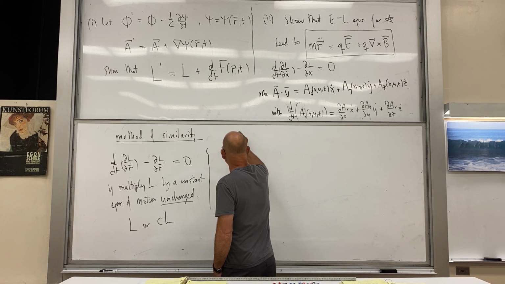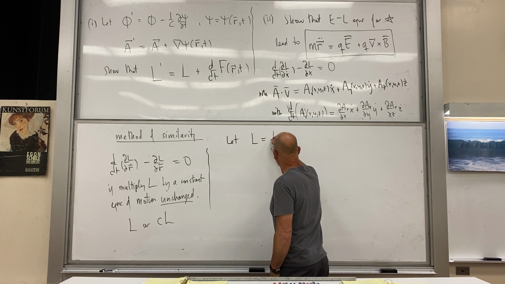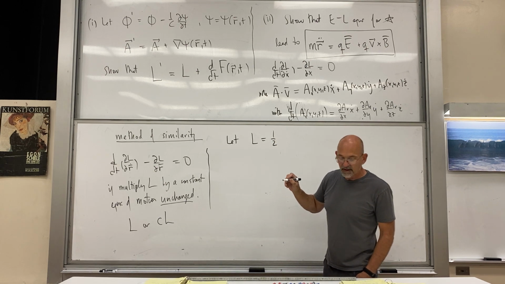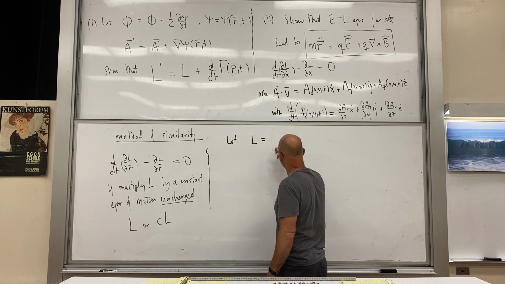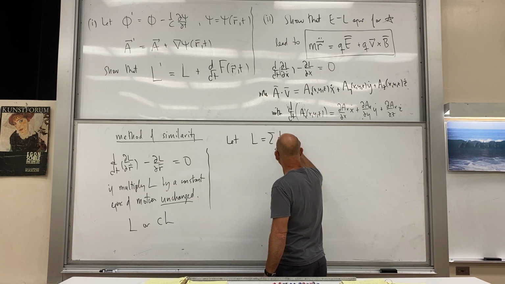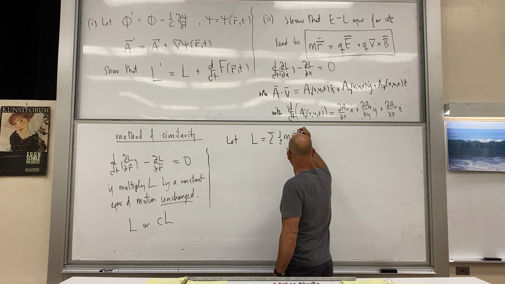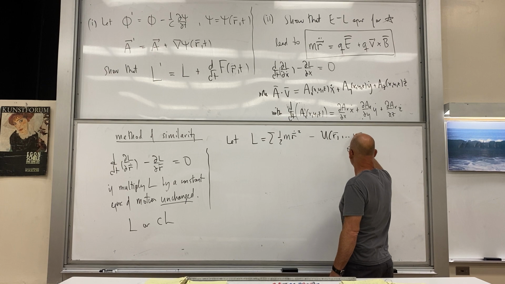So we're going to let L, since we're writing in Cartesian coordinates, be a system of many particles: the sum over i equals 1 to n of 1/2 m r dot squared, minus U of r1 to rn.